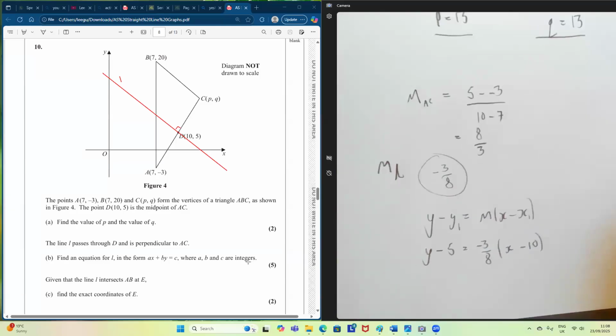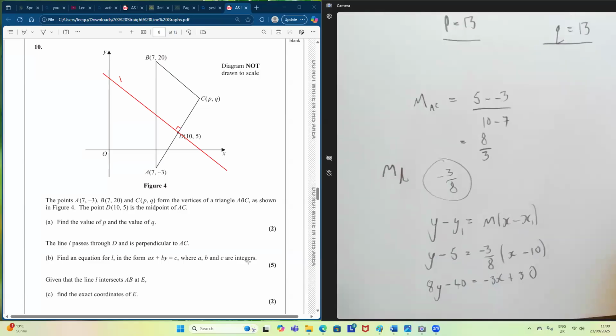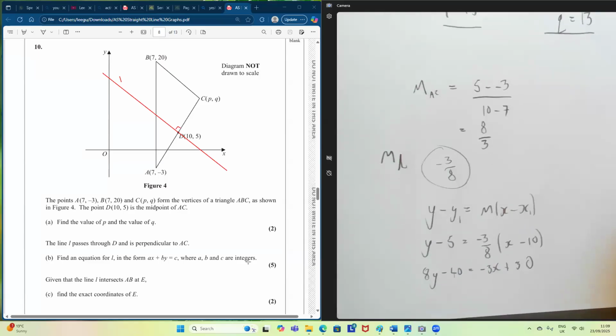Okay, that's fine. So we times everything now by 8, so we have 8y - 40 is equal to -3x + 30. And then finally, we can just get all of that over to one side, and that gives us 3x + 8y is equal to 70.